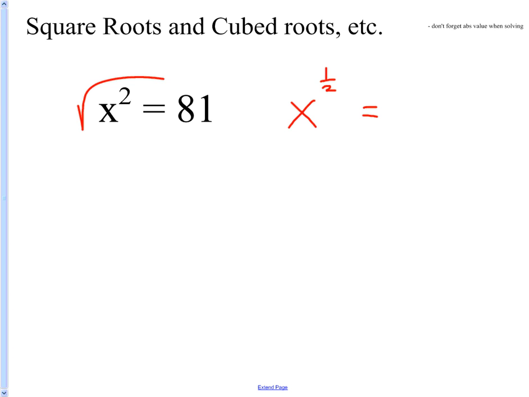If you're doing the square root of it with a power instead, you've got to be careful that you include the absolute value part. All right, so if I was doing this and it was written as x to the 1/2 is equal to 81, that's the same exact problem. No, it's not. Sorry. If I had to solve a problem by using the 1/2 power. All right, you're going to understand that more in a second.